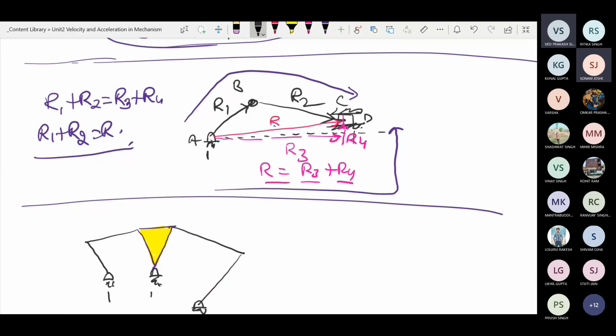So these are the grounds, 2, 3, this one is link number 4, 5 and 6. Now you remember that these joints, they will definitely form the loop. So please do not keep them outside the loop.